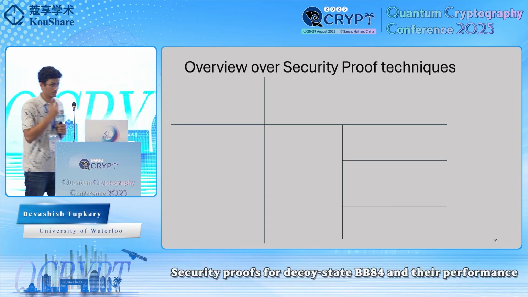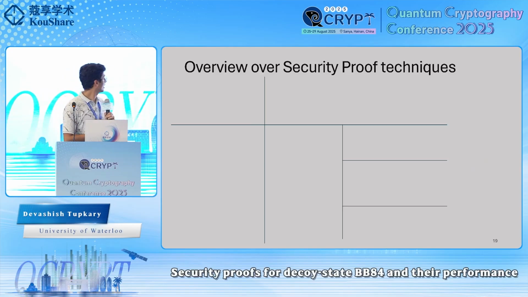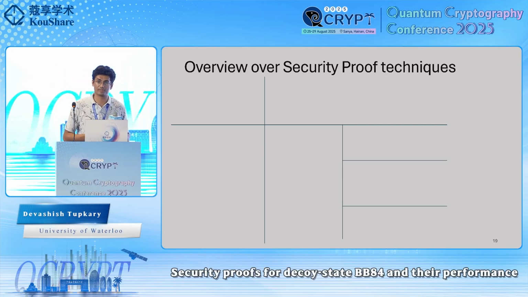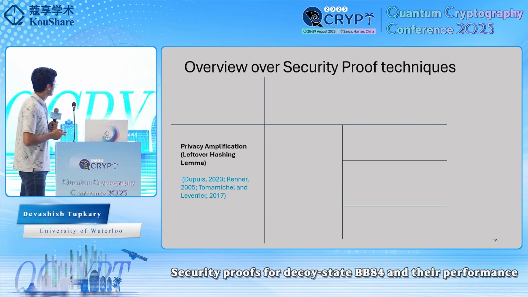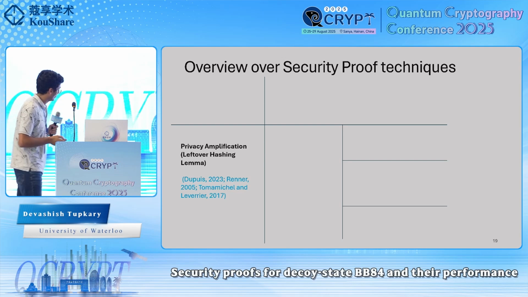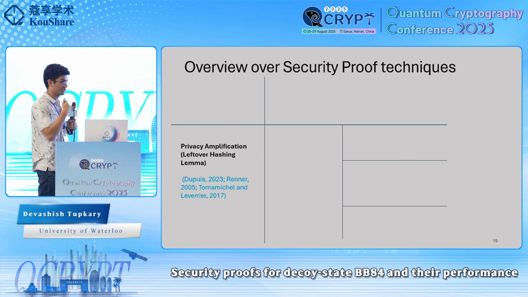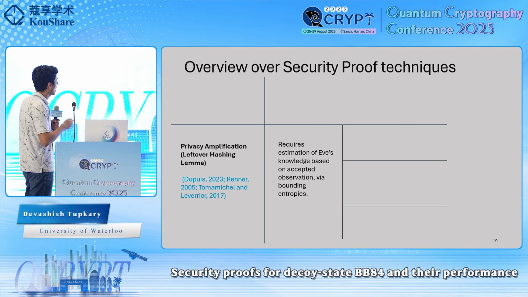Okay, so I want to take a step back and look at an overview of all possible security proof techniques. So we have what I would say leftover hashing lemma based proof techniques, where we use the LHL to analyze privacy amplification.